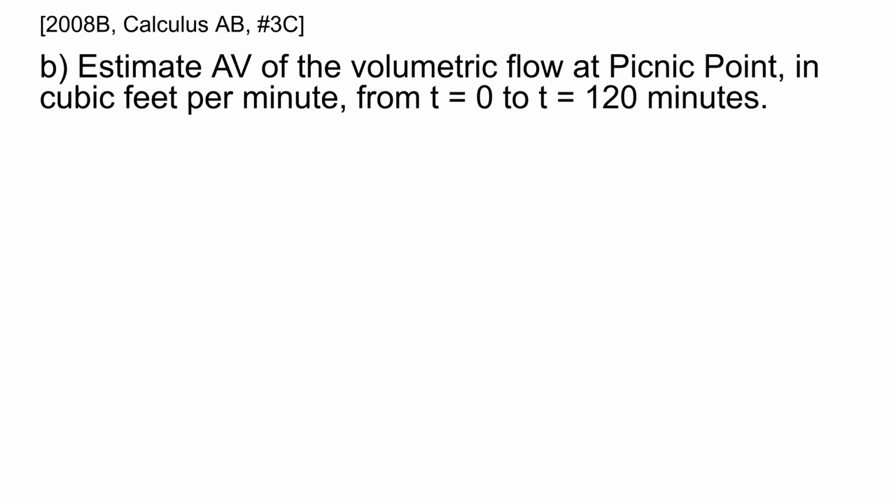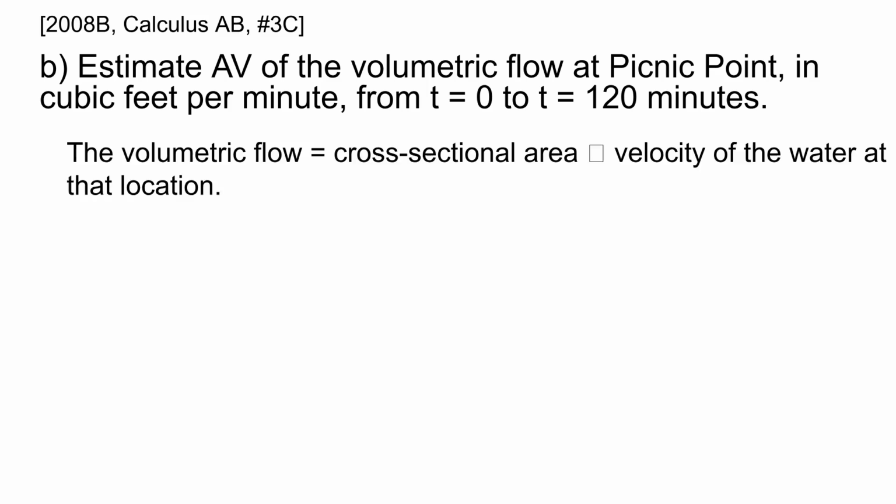In part B of this question, we are asked to estimate the average value of the volumetric flow at Picnic Point in cubic feet per minute from t equals 0 to t equals 120 minutes. By definition, the volumetric flow is the product of the cross-sectional area times the velocity of the water at that location.